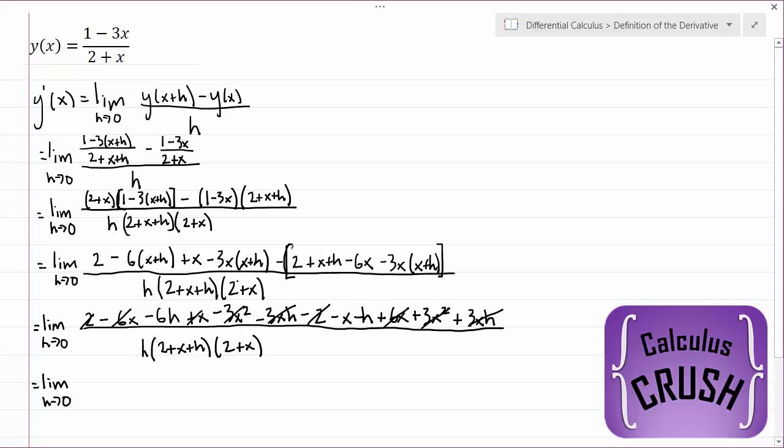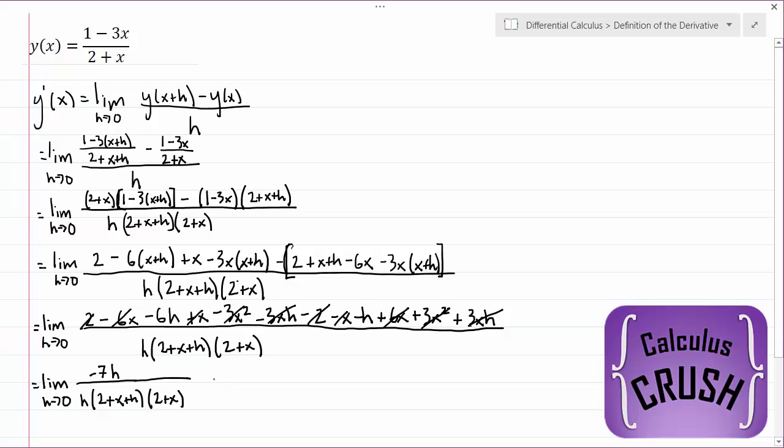We've got a plus x and a minus x, and all we're left over with is a minus 6h and a minus h. So that's minus 7h divided by h times (2 plus x plus h) times (2 plus x). So most of these terms actually canceled out up here.